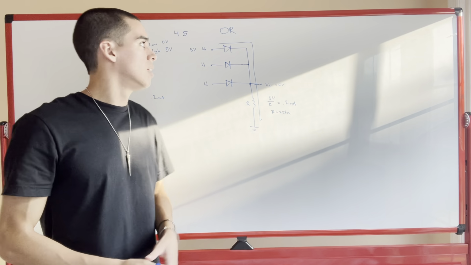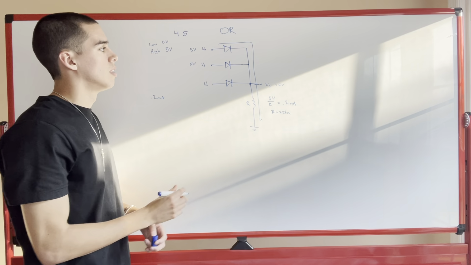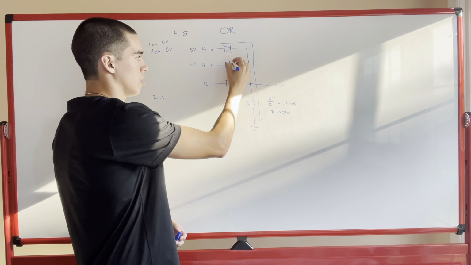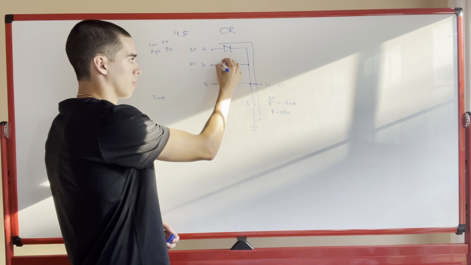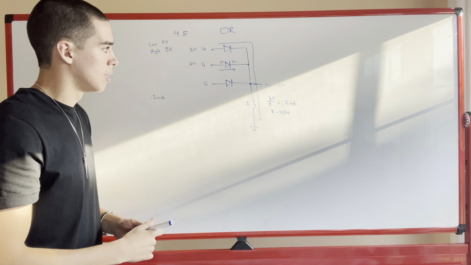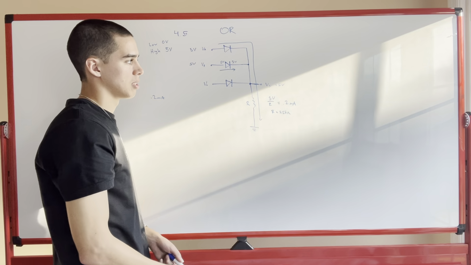But maybe you're thinking, what if we turn on another voltage source, right? So if we turned on another voltage source, now we're at 5 volts here, and this is now a short circuit and it's conducting. Well, still this whole entire node voltage is going to be 5 volts.